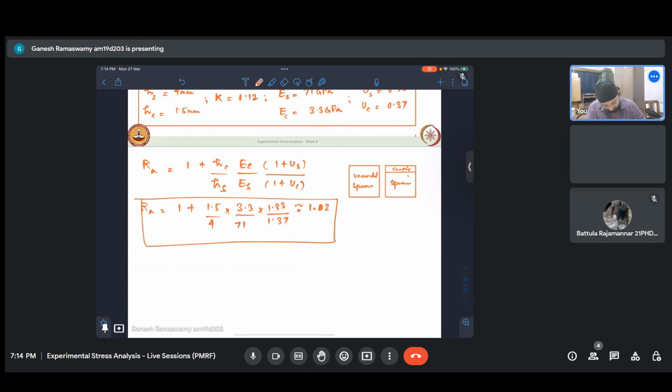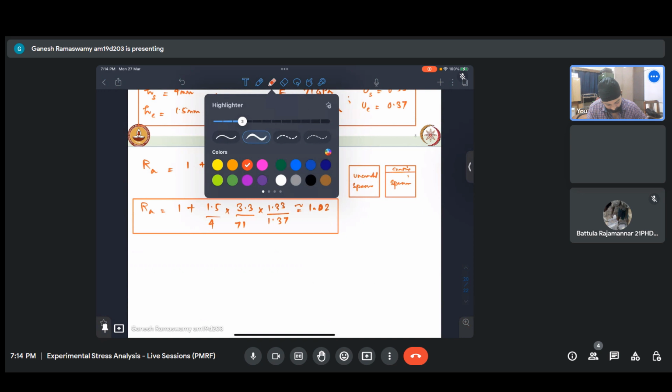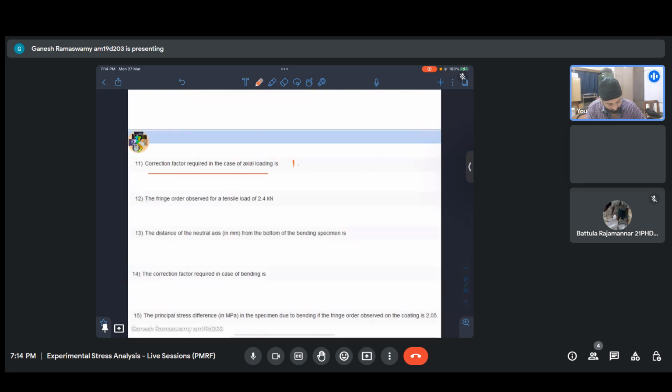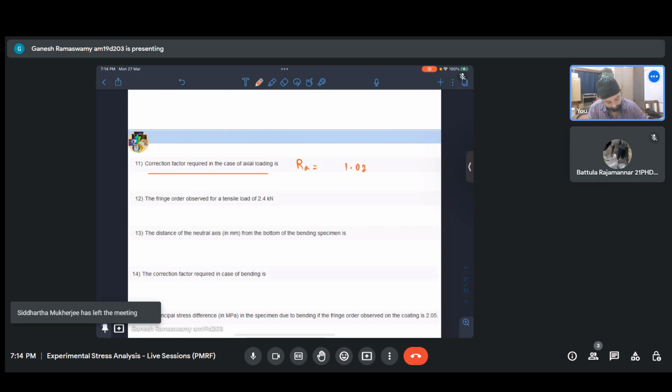Okay. So we have this now. We've got this to be 1.02, which is nothing but RA. Now the fringe order observed for a tensile load of 2.4 kilonewton is what is asked.